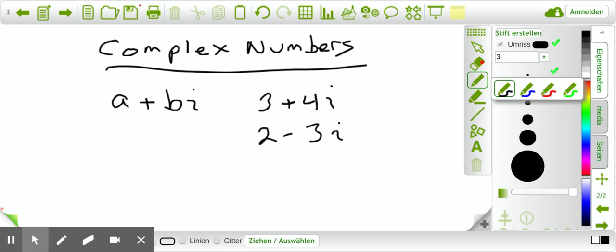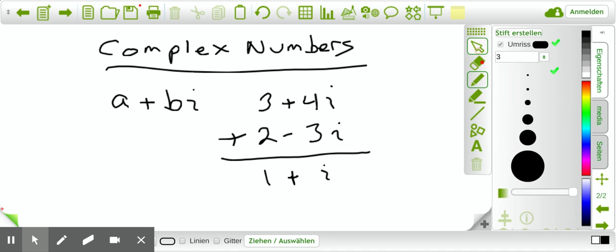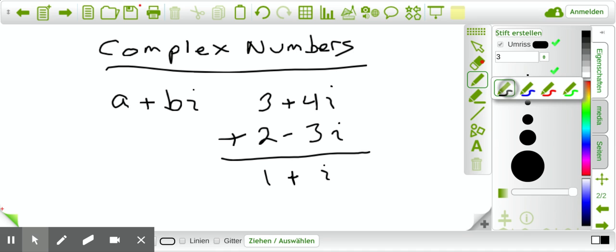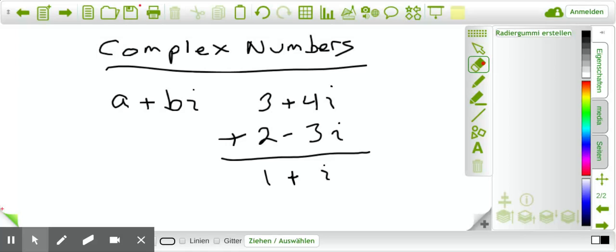Now, when you're adding these, you need to think about it like combining like terms. So if I wanted to add 3 plus 4i and 2 minus 3i, 4i minus 3i is going to give me i, and then 3 plus 2, of course, is not going to give me 1.